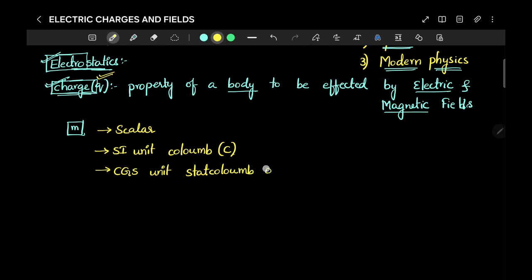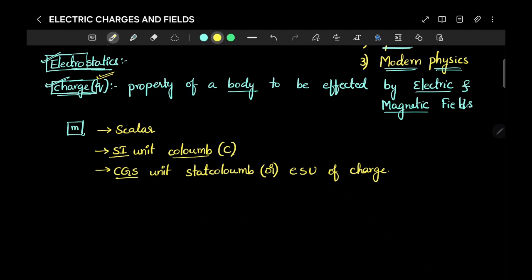Sometimes it is also called the electrostatic unit, or ESU. Then obviously we need to know the relation between the SI unit and the CGS unit. Look at this.